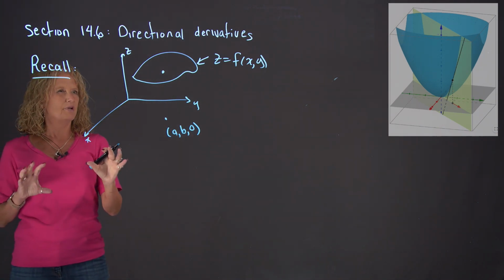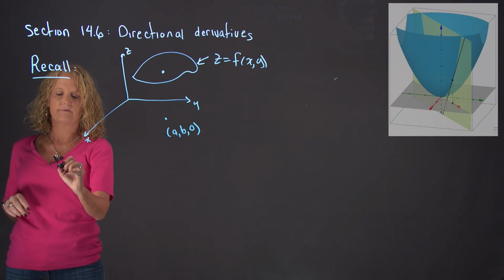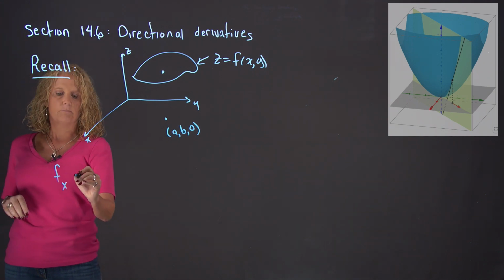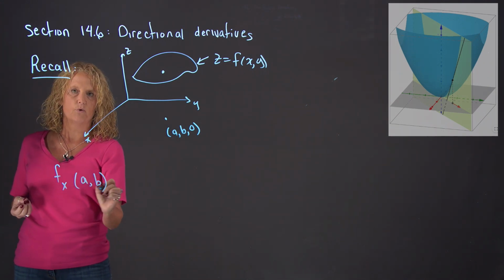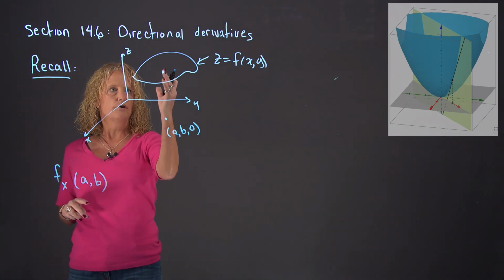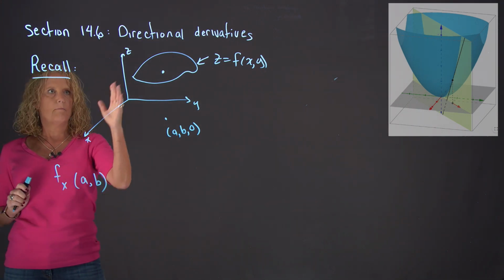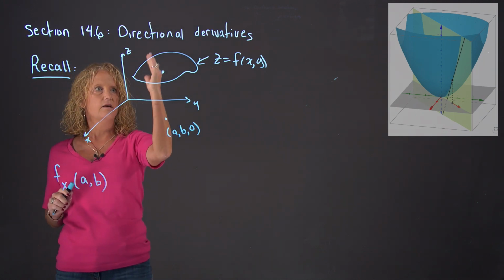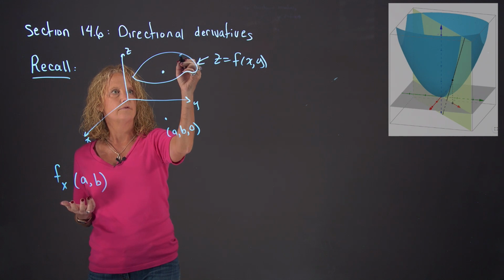So let's do just a brief demonstration, draw one picture, and then we'll move on to the directional derivatives. If I were tasked with finding the partial derivative of f with respect to x at the point a, b, then what I would do is cut the surface with the plane y equals b. So imagine taking a plane that's parallel to the zx plane and cutting through that surface. That's going to create a curve.